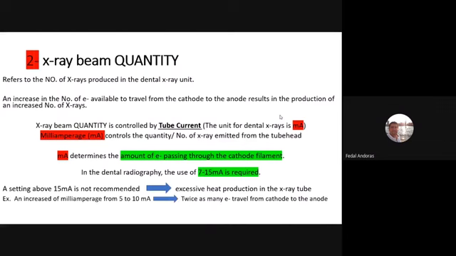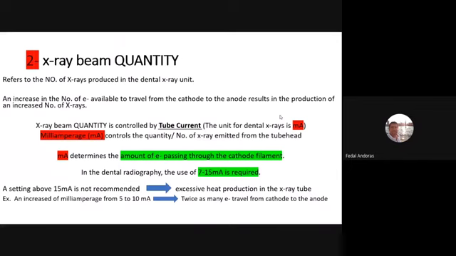An example: an increase of milliamperage from 5 to 10 mA. Look, the result will be twice as many electrons traveling from the cathode to the anode. So increasing mA, the number of electrons will increase, so the quantity of the X-ray beam will increase. Consequently, twice as many X-rays are produced. So again, the quality is governed by kV and will increase the energy and penetrating power.